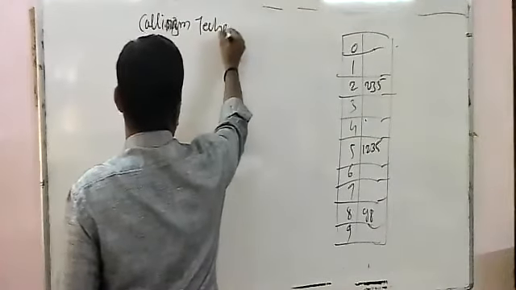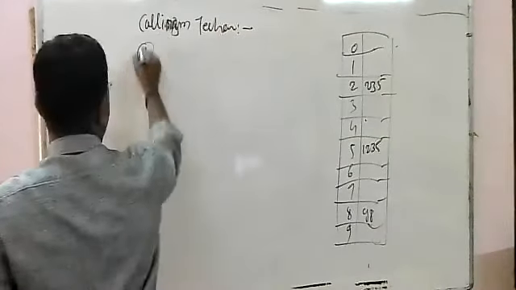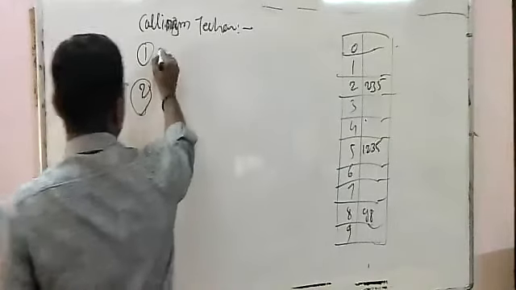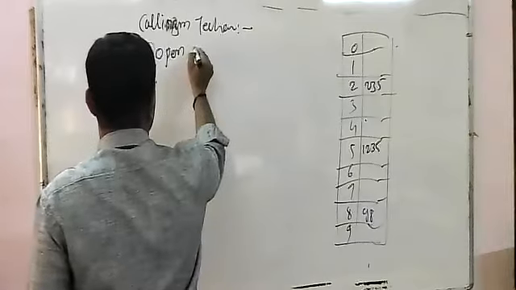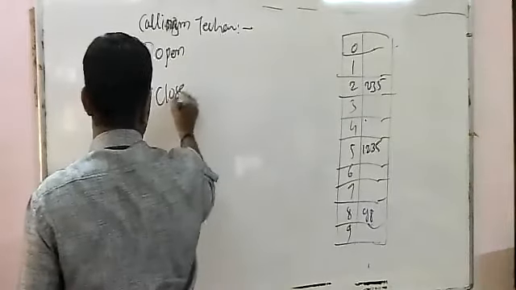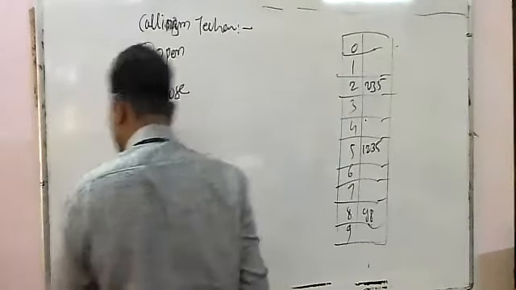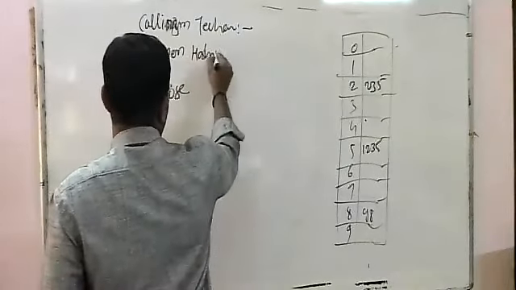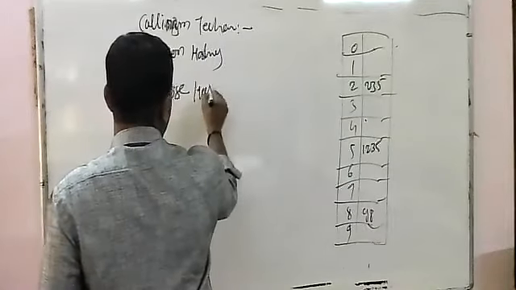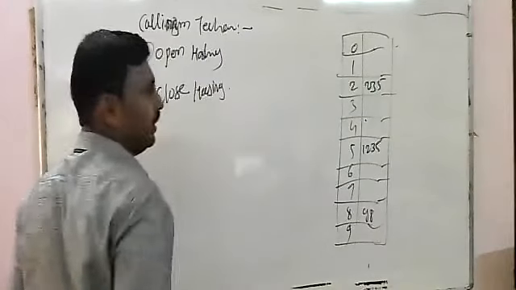collision techniques, where there are two techniques. First one is open and another one is closed. That is nothing but open hashing and closed hashing.